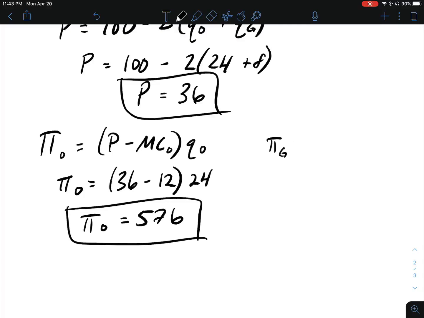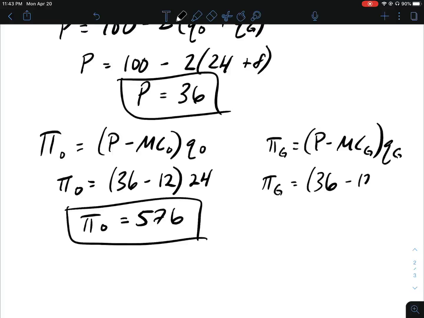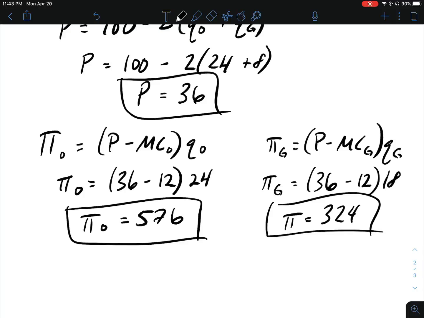Do the same thing for Grease Tech. Grease Tech's profit is the market price minus the marginal cost times Grease Tech's quantity. So we have 36 minus 20 times 18, excuse me. And so Grease Tech's profit is 324.